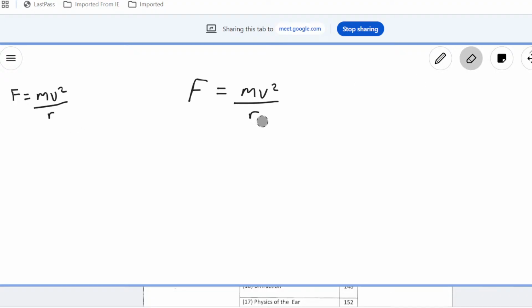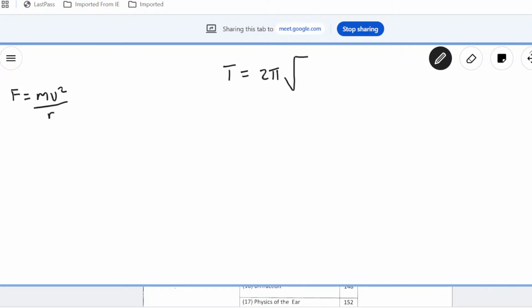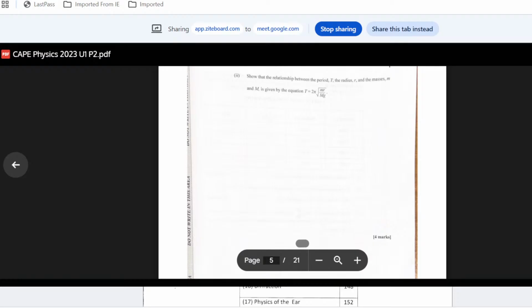If you look at what's in the equation, you have the square root of m r over m g.